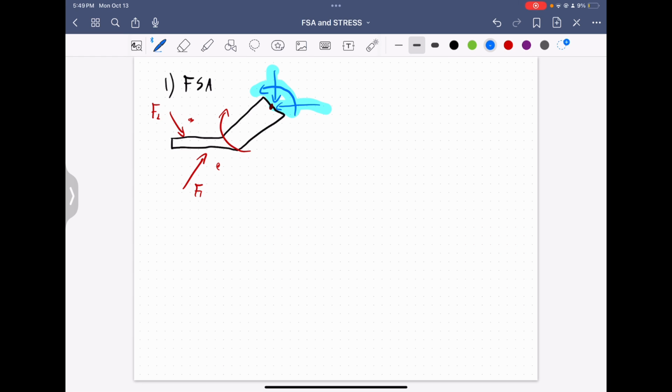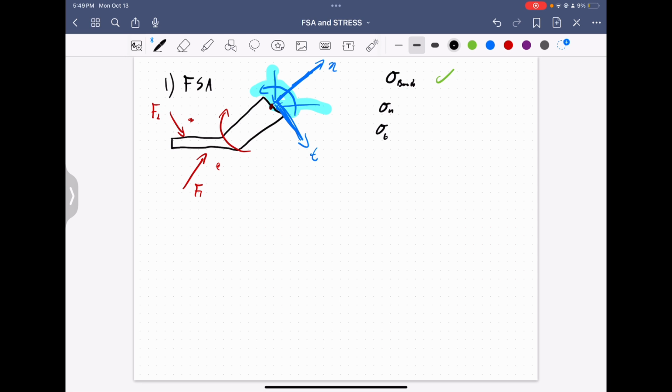And then once you have these blue forces, once you have the moment, you can do stress due to bending. And once you have the forces, you can project into your NT coordinate system and do normal and tangential stress.